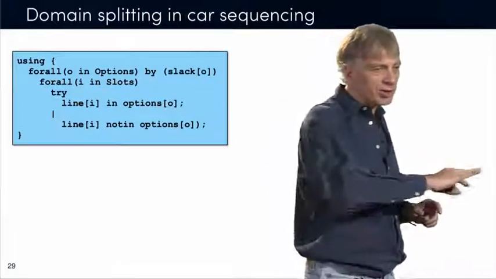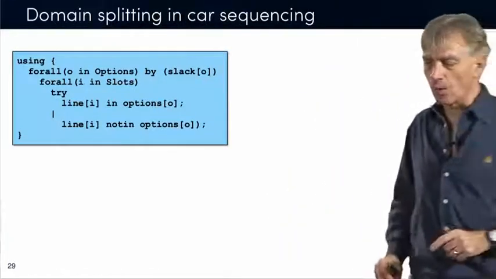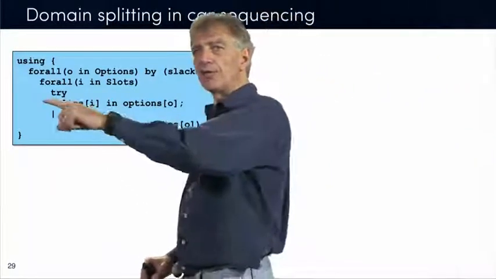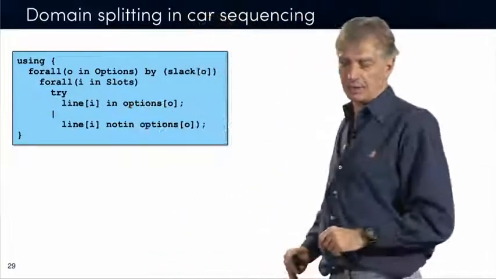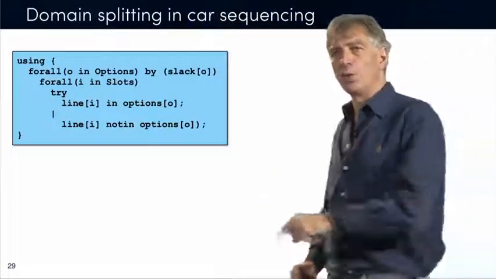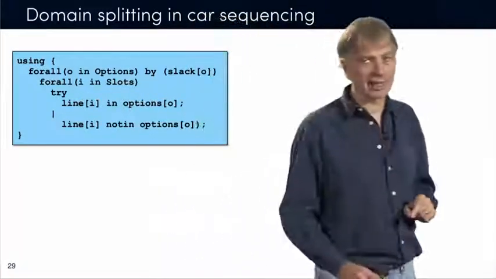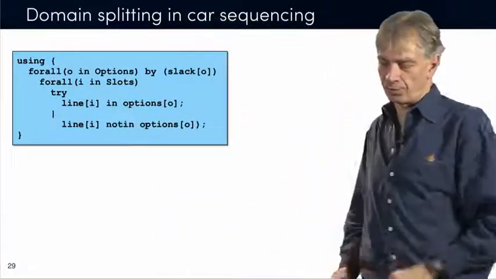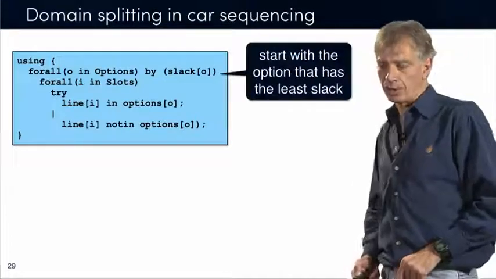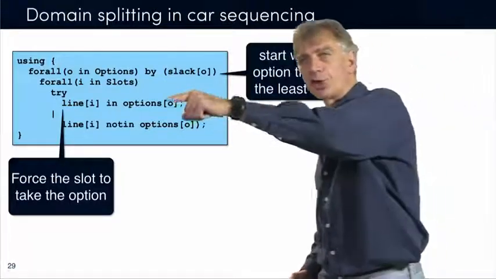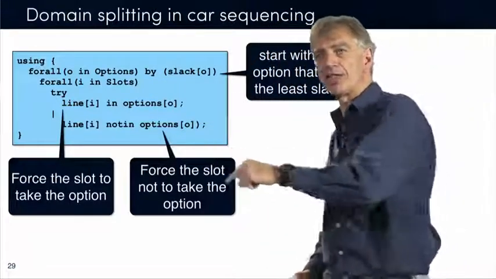We are not iterating over the various types of car. We are looking at the various options, and then for every slot of the assembly line, we are deciding if that particular slot is taking the option. That's the first choice that you can make there, or it's not taking the option.